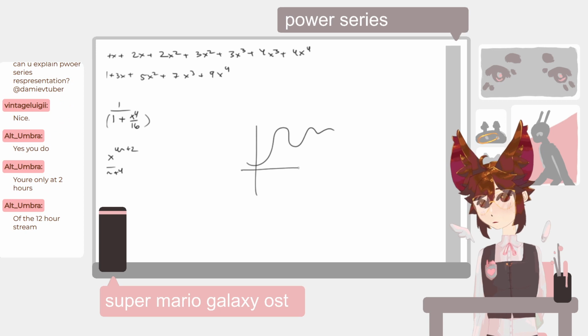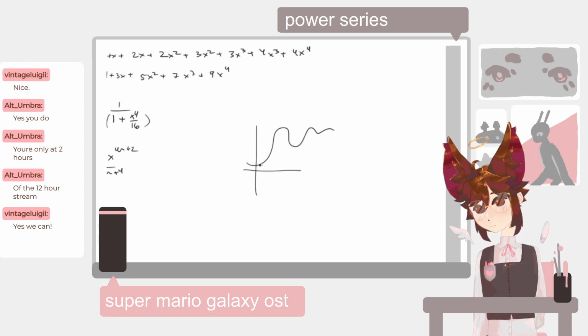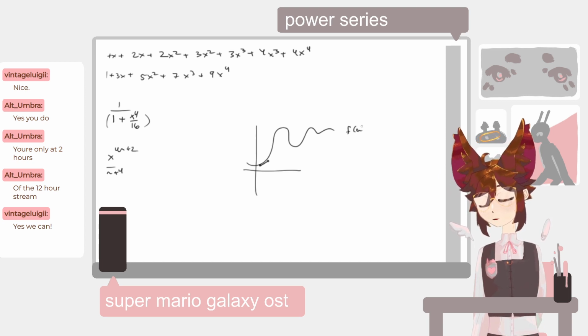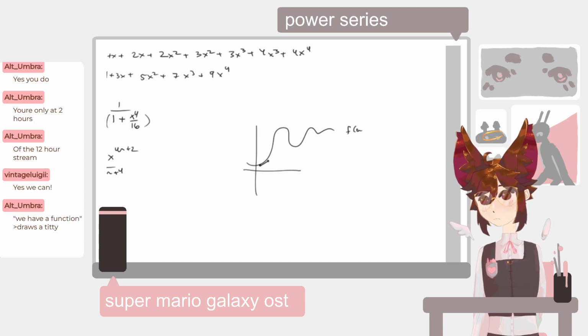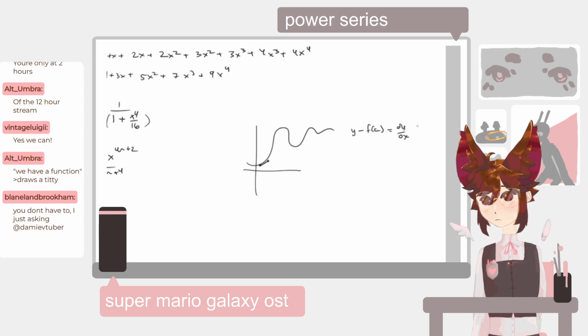The best linear approximation we have at any given point is y minus f of a equals the slope dy dx times x minus a, right?